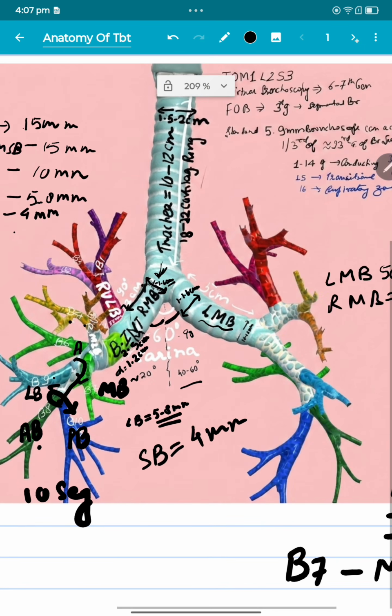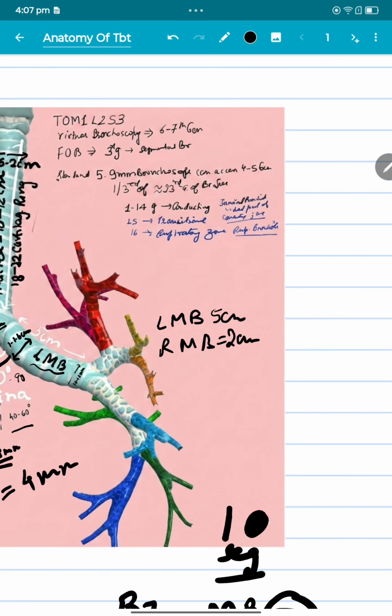So what is the importance of these diameters? Why should you know? Because rigid bronchoscopy and fiber optic bronchoscopy have scopes in various sizes, and the standard bronchoscope of 5.9 mm can enter 4 to 5 generations of bronchi. Beyond that, it is not feasible to introduce it.